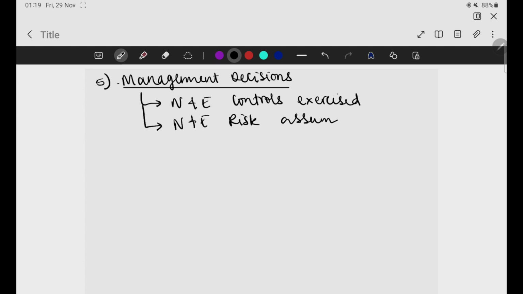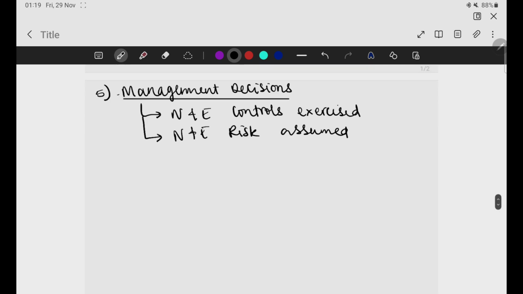So we can basically write that management decisions affect the nature and extent of controls exercised and the nature and extent of risks that are assumed. Fairly simple, right?